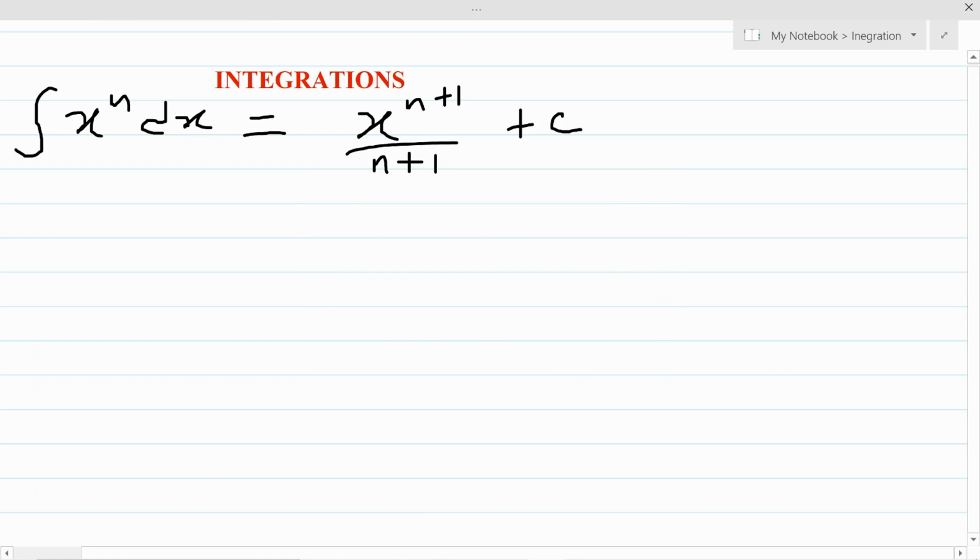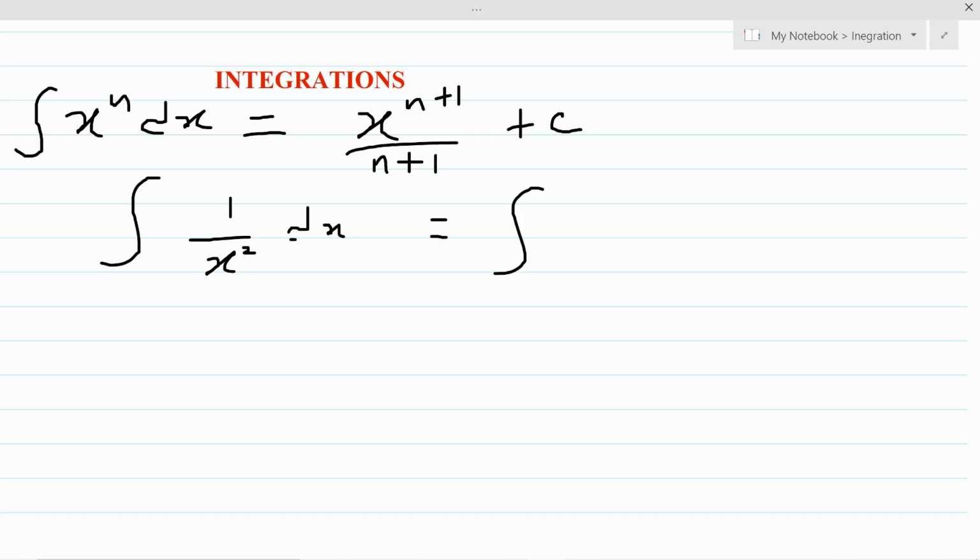So we said that if you want to integrate any polynomial function, this is what you use. Okay, so let's see. What if I have something like the integral of 1 over x squared dx? Then I can simply take the x squared out from indices and we apply our rule.